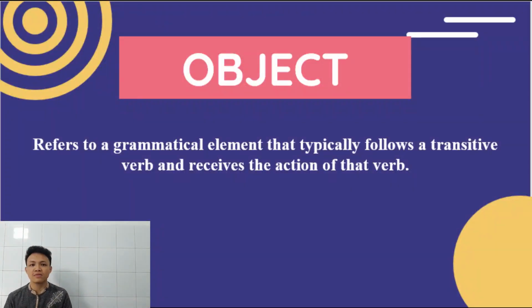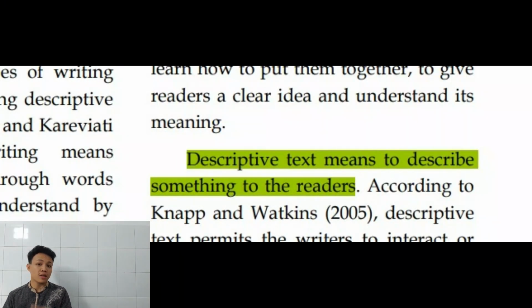Object refers to a grammatical element that typically follows a transitive verb and receives the action of that verb. For example, in another sentence in the same journal article, descriptive text means to describe something to the readers.